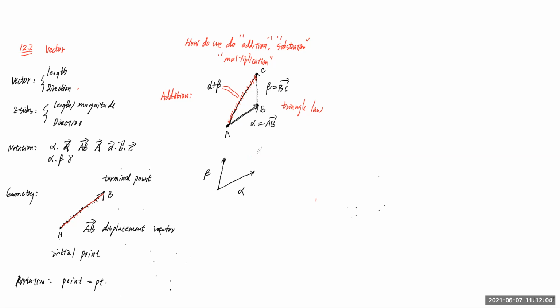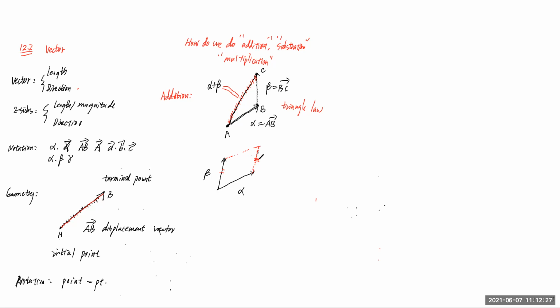Let me construct a parallelogram. This is beta. This is beta. If we move a vector parallelly, we think the vectors are the same.